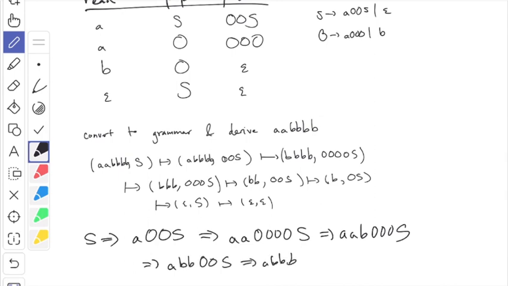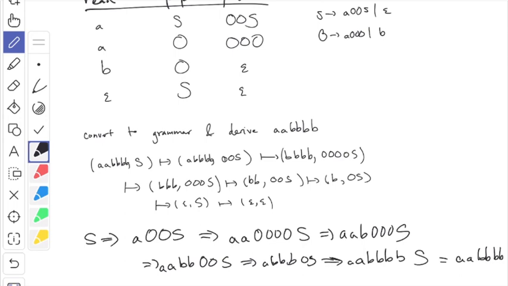ABBB 0S. Sorry, I lost the A. AA, B, B, B, B, S, and then finally get rid of the S. A, A, B, B, B, B. The end. All right, this is the grammar derivation.